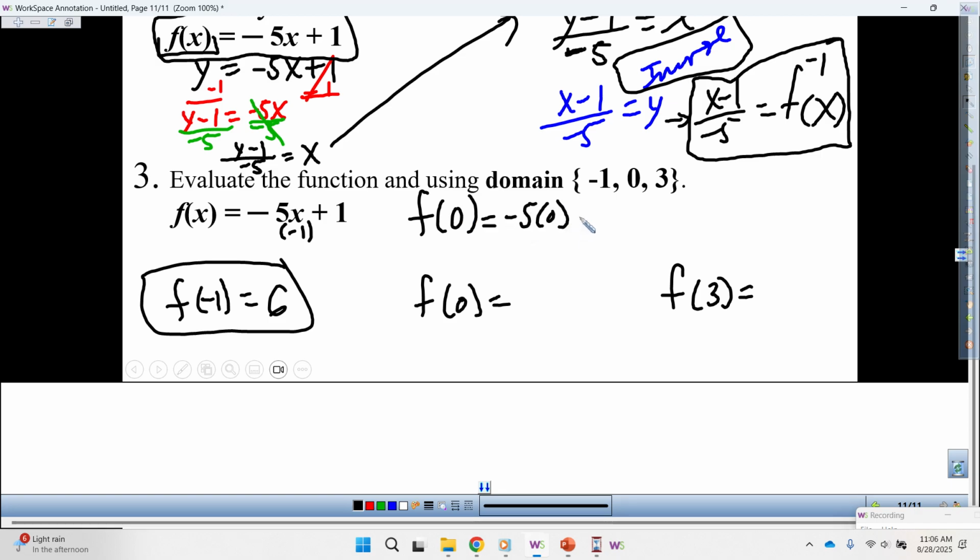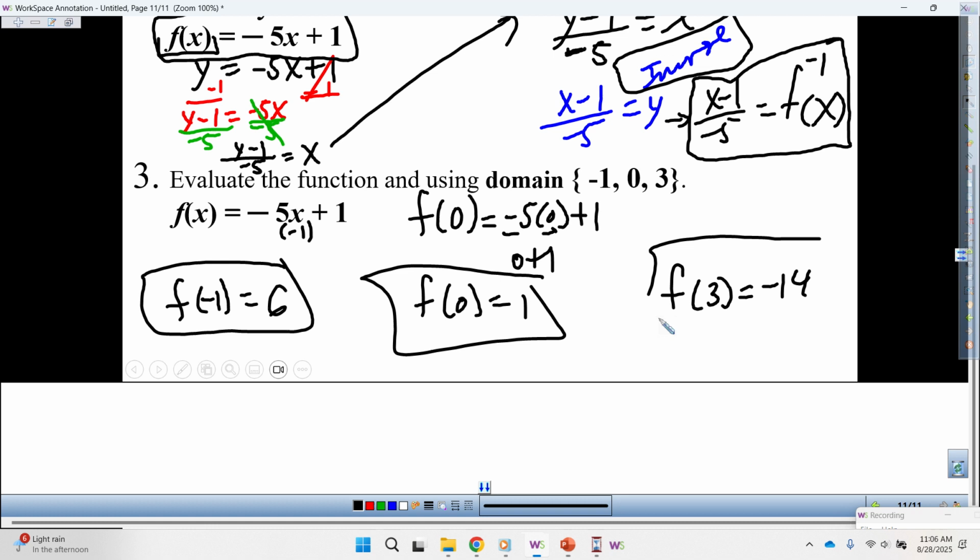What is -5 times 0? 0 plus 1 is 1. And pass the last one to someone. Allison, what'd you get for f of 3? Negative 14 is correct. Whew.